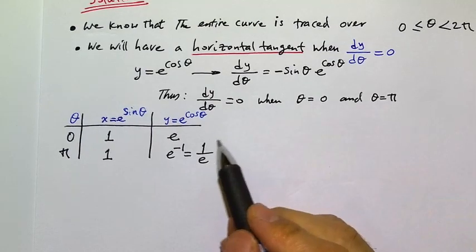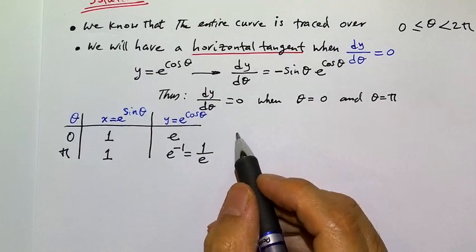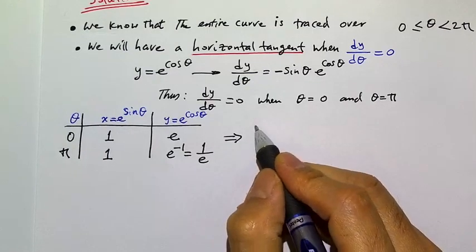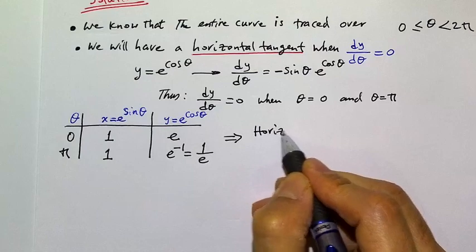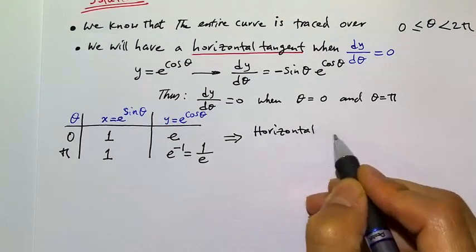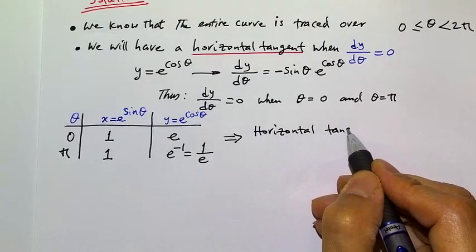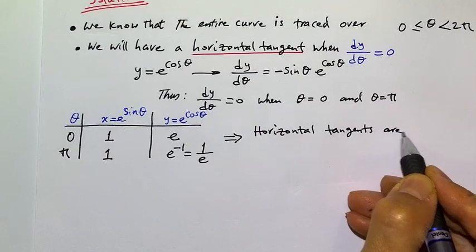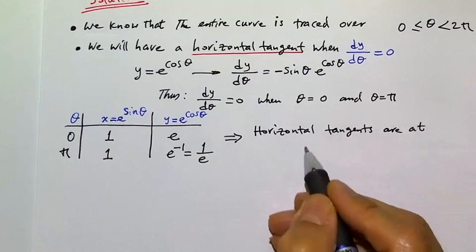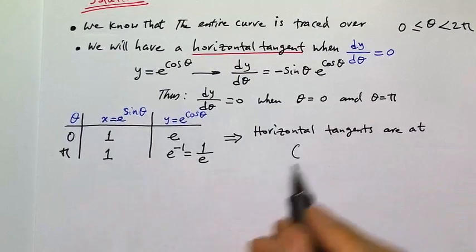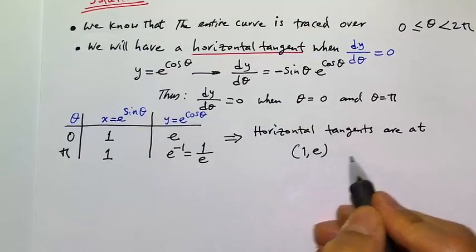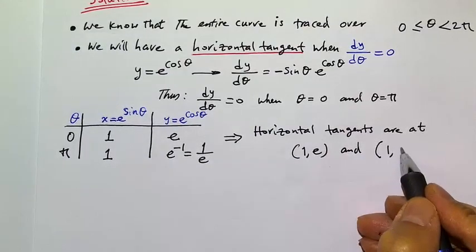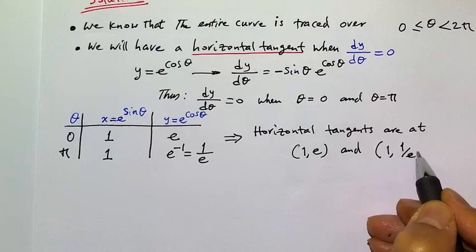So the points where we have the horizontal tangent are at (1, e) and (1, 1/e).